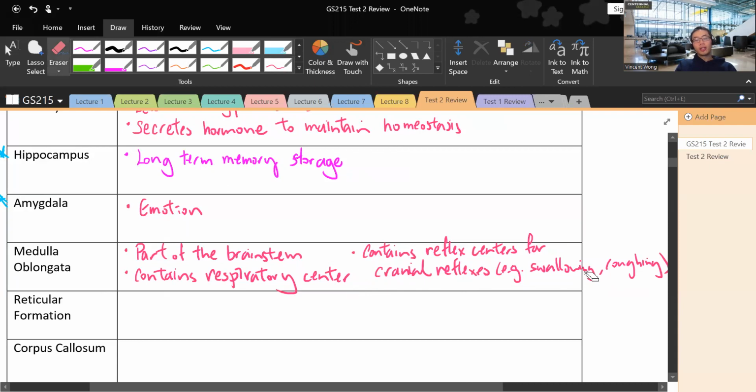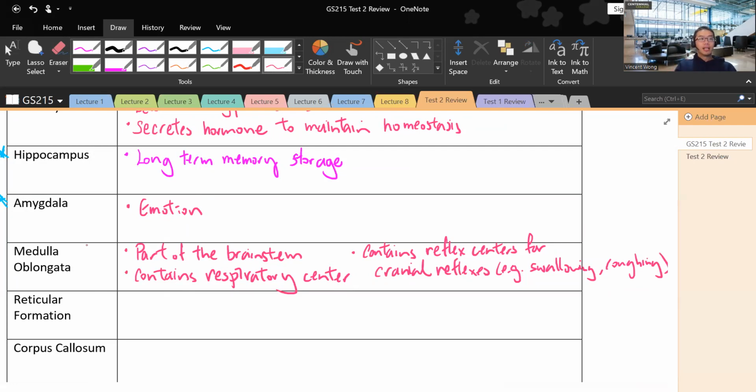All these are cranial reflexes, and they involve the medulla oblongata. I might have mentioned this in one of the lecture videos.